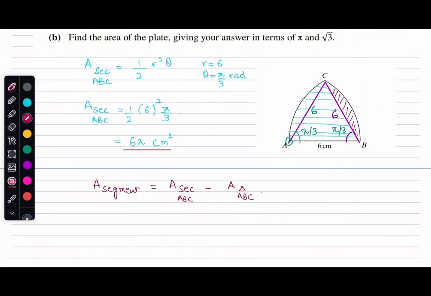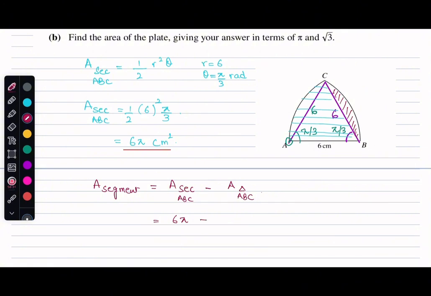So again I can see here that we have an equilateral triangle with all the sides equal to 6 centimeters and the angle measured as pi by 3. Area sector ABC, I know that the radius is 6 and the angle is again pi by 3, which then is equal to 6 pi as calculated earlier.